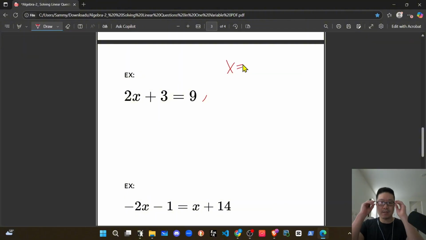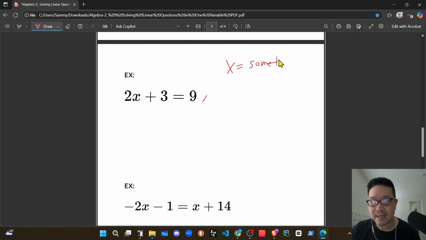In order to solve linear equations in one variable, your goal is to isolate x to one side and have everything else on the other side. So what you end up with is x equals something. We don't know what that thing is, but we're going to figure it out. So this is the situation you want. You want to manipulate this linear equation so that you have x on one side and our answer on the other side of the equal sign.